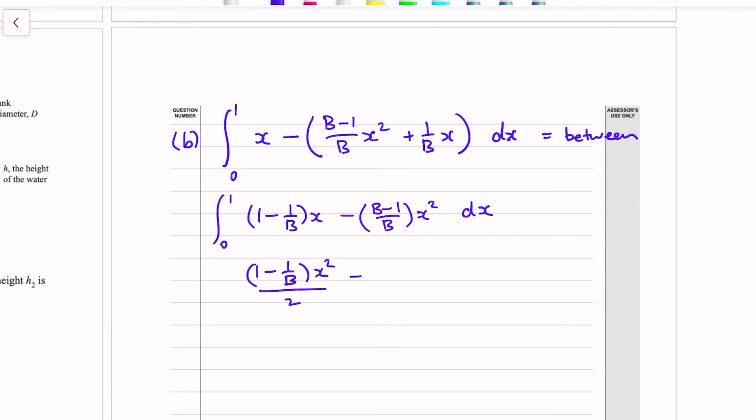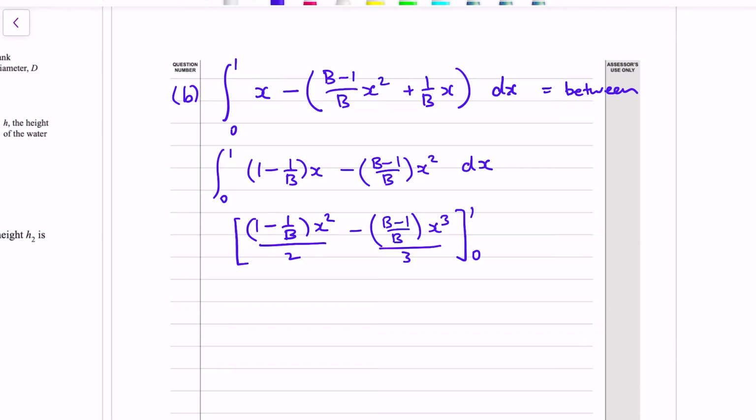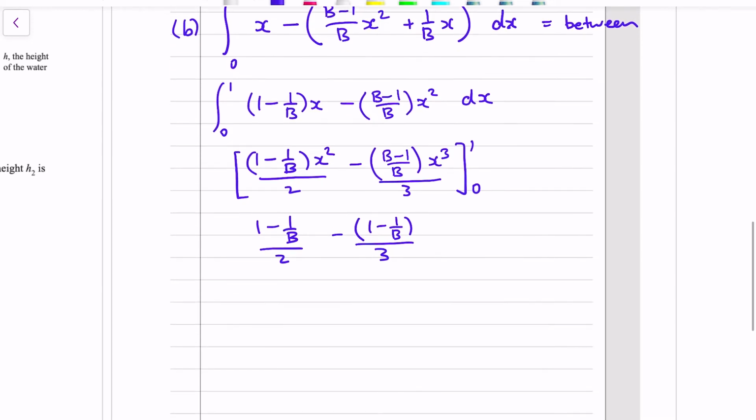Integrate the quadratic function, x cubed over 3, and that's between 1 and 0. Be careful, we're subbing 1 and 0 into the x values. So we get 1 minus 1 over b, all over 2, minus b minus 1 over b, which is 1 minus 1 over b, over 3, and then the zeros cancel. Okay, so that's the area between.